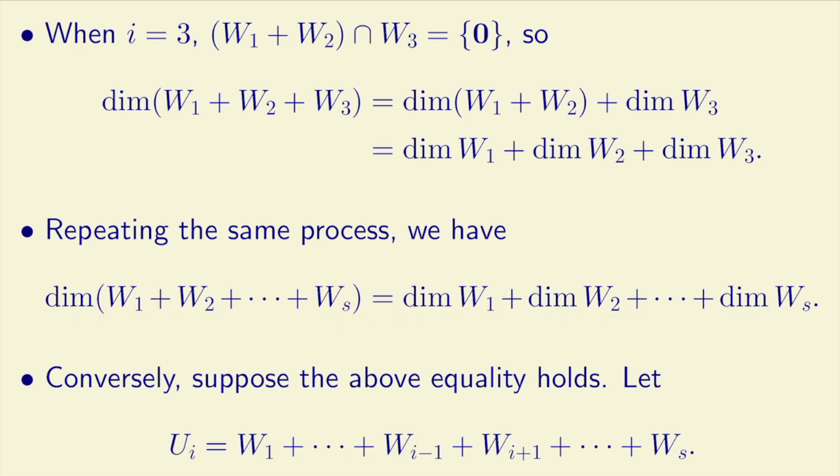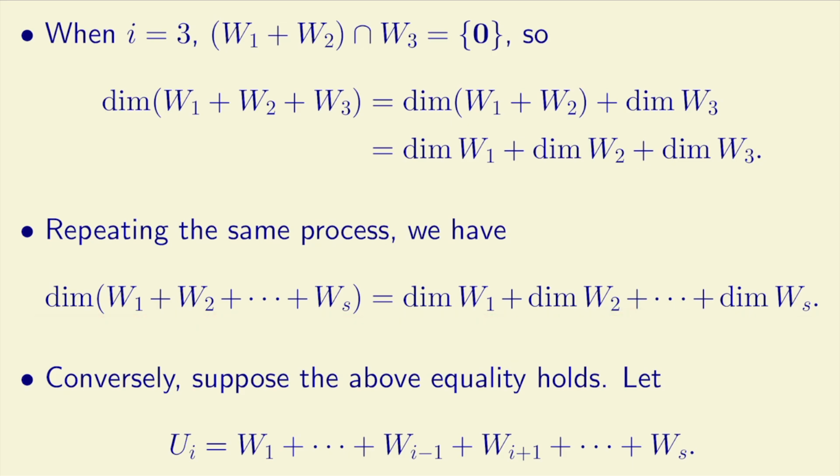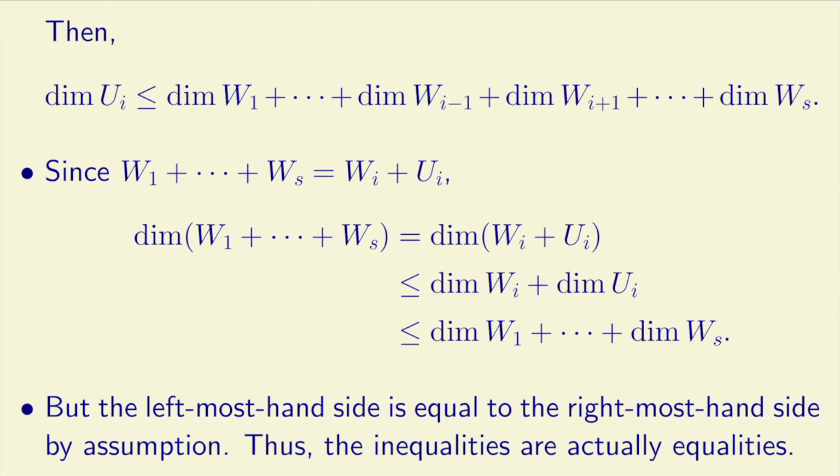And now we need to prove the converse. So we assume this equality holds. And let Ui be this sum. So it's the sum of all the subspaces from W1 to Ws except for Wi. Then the dimension of this Ui is less than or equal to the sum of these dimensions.